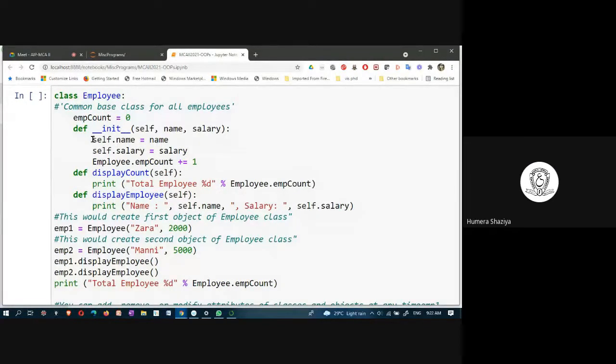Basically, what is the syntax to make a member private in Python? Okay, think about it. As we execute other programs, we will apparently come across that.